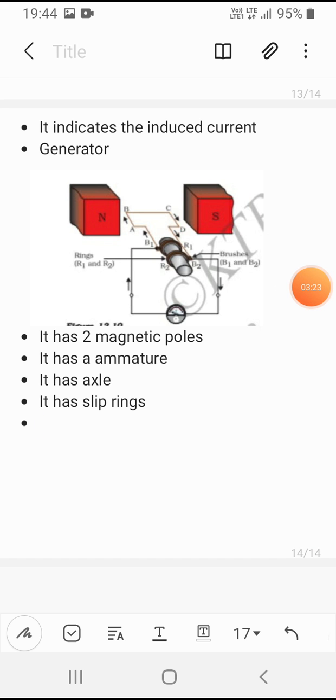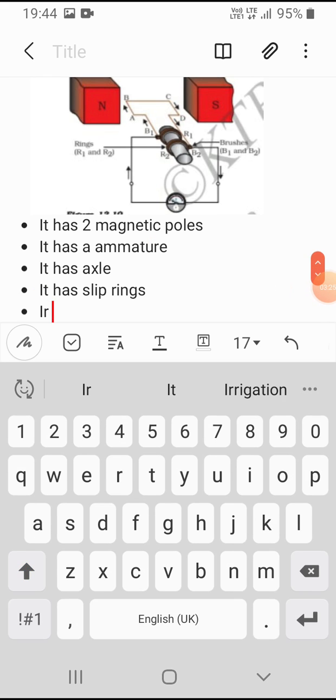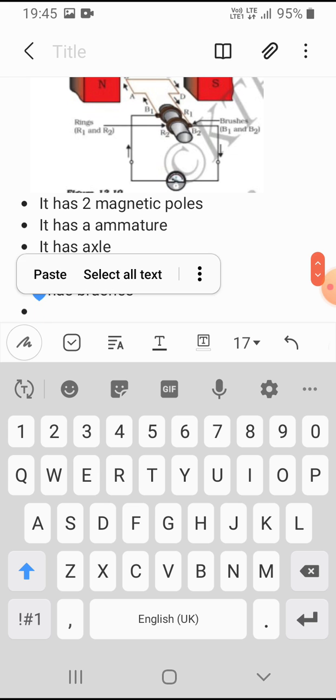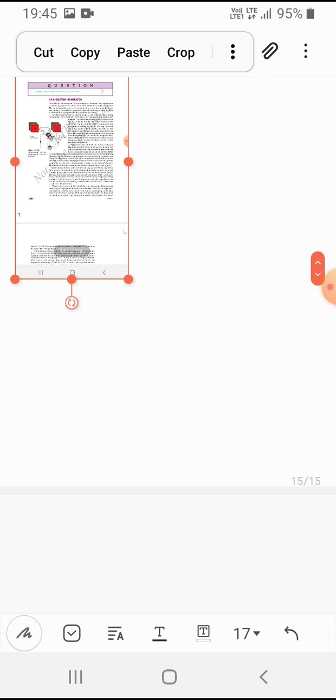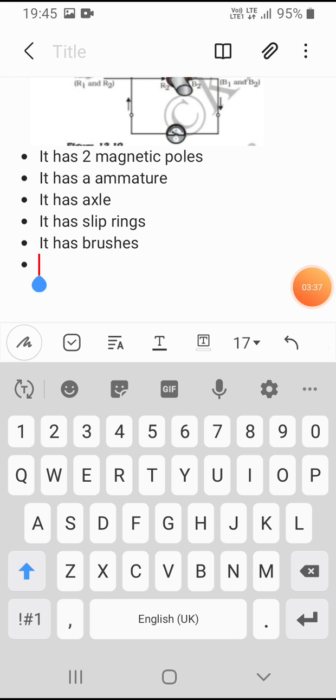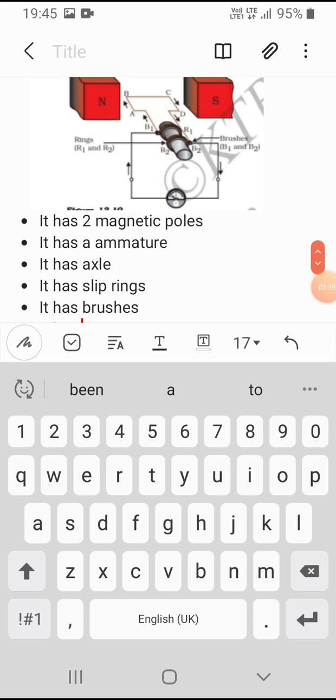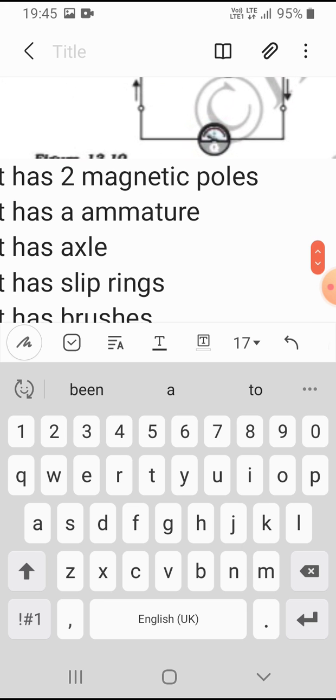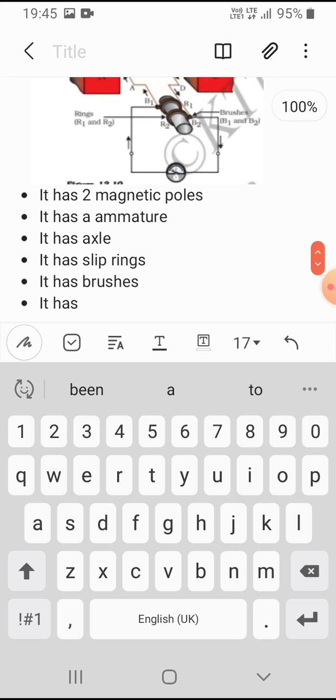And it has brushes, and also a galvanometer. This you are seeing is a galvanometer, which tells how much current is being produced, or positive to negative.